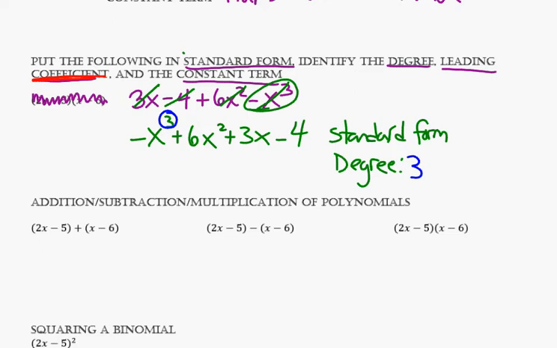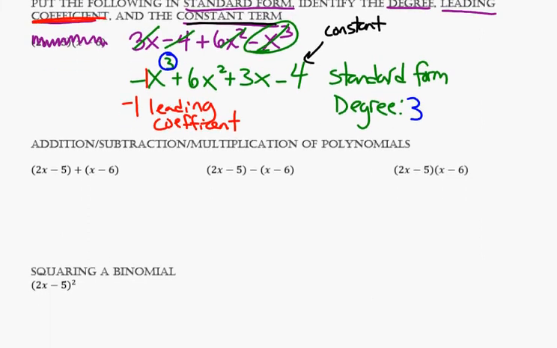So leading coefficient here would be a negative 1. So negative 1 is my leading coefficient. And lastly, I was supposed to identify the constant term, and there's my constant term. My constant term is always going to be last in my standard form.